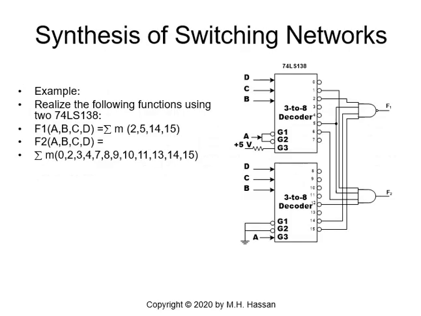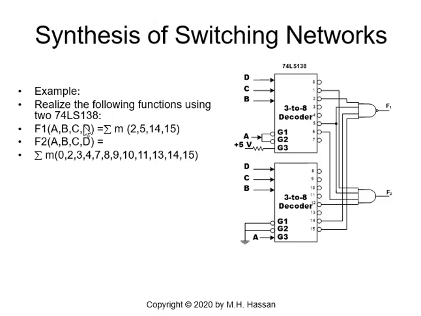Now, in the synthesis of switching networks, we will look at an example using the 74LS138. You can find the connections of the 74LS138 in data books or by simply searching for the chip on the internet, and you can get all this from the chip.